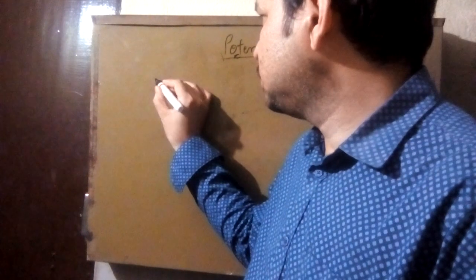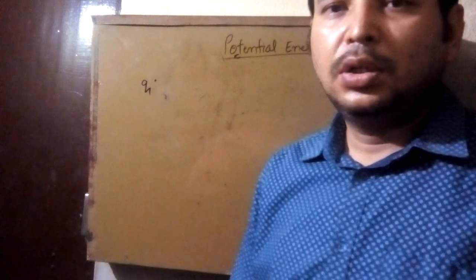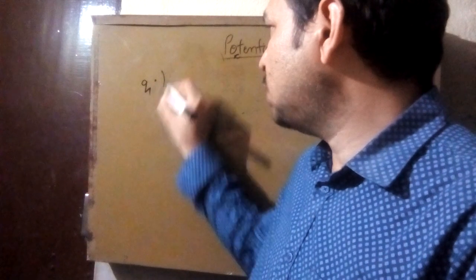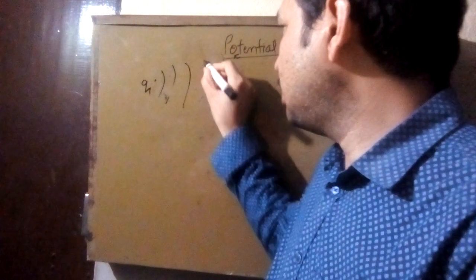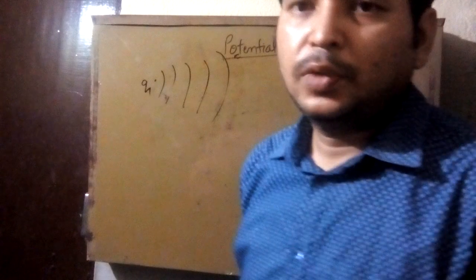Suppose we have a charge Q1, this is the charge Q1. Suppose this is producing the electric field and this is considered as the source charge. This is producing the electric field and this electric field extends to infinity.